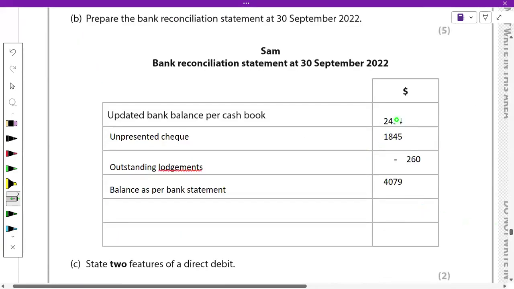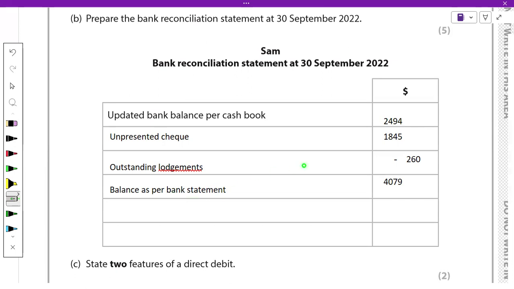So balance as per cash book is 2494. First of all, we have to add the unpresented check, which is 1845, to the updated bank balance as per cash book, and we have to deduct the uncredited checks. Now we have the balance as per the bank statement, because we are basically trying to find the balance as per bank statement.